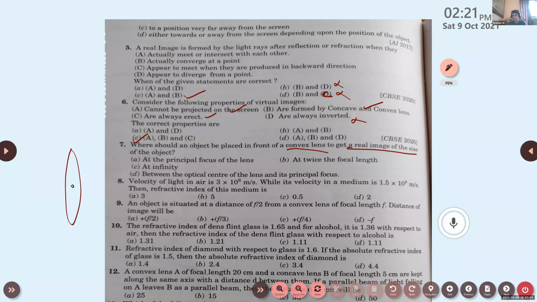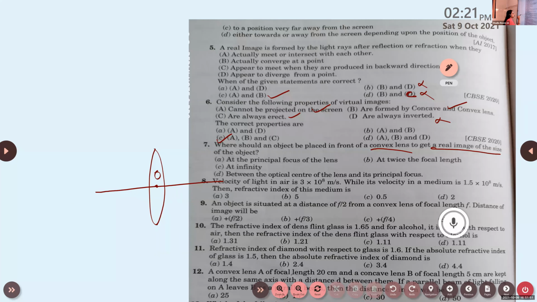No, instead of pole here we are using another term. What is that? Optical center. Yes, it is the optic center. And the line that is passing through the optic center is known as the principal axis. And here we have the principal focus.